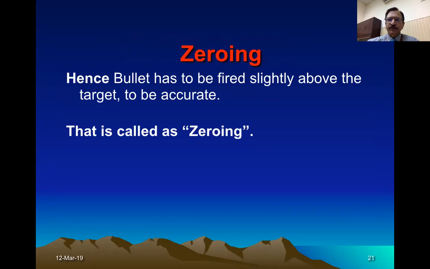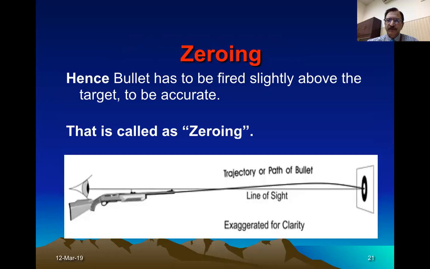So to overcome this curved pathway, a specific procedure is done which is called zeroing. In zeroing, with practice firing, repeated firing again and again, the angle of sight of the weapon is adjusted or raised such that it covers that trajectory, that curved pathway. That is called zeroing.